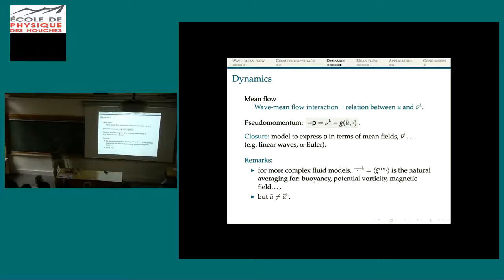So for instance, when we play with the buoyancy equations, the natural mean buoyancy is the Lagrangian mean buoyancy. Same thing when you have a magnetic field. The only unfortunate thing is that the mean velocity is not the Lagrangian mean velocity in this sense. It comes from a different construction, which is the definition of the mean flow.